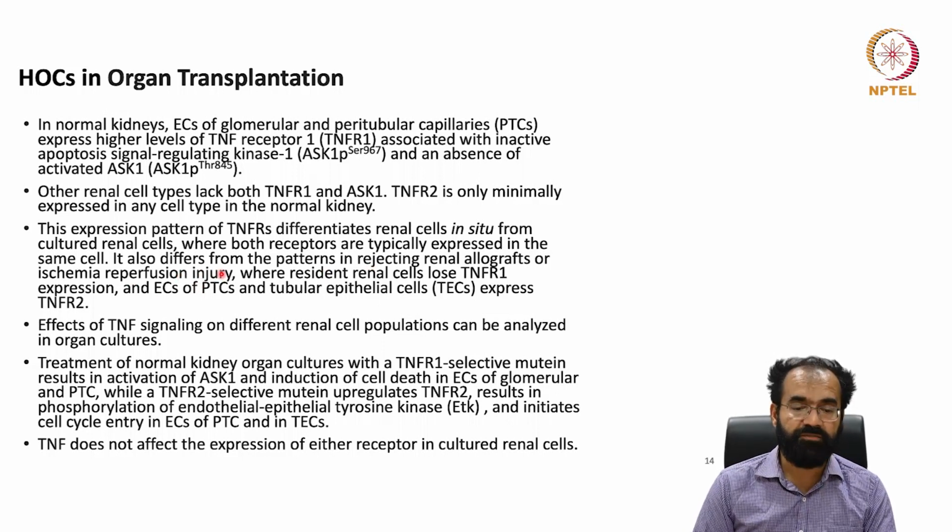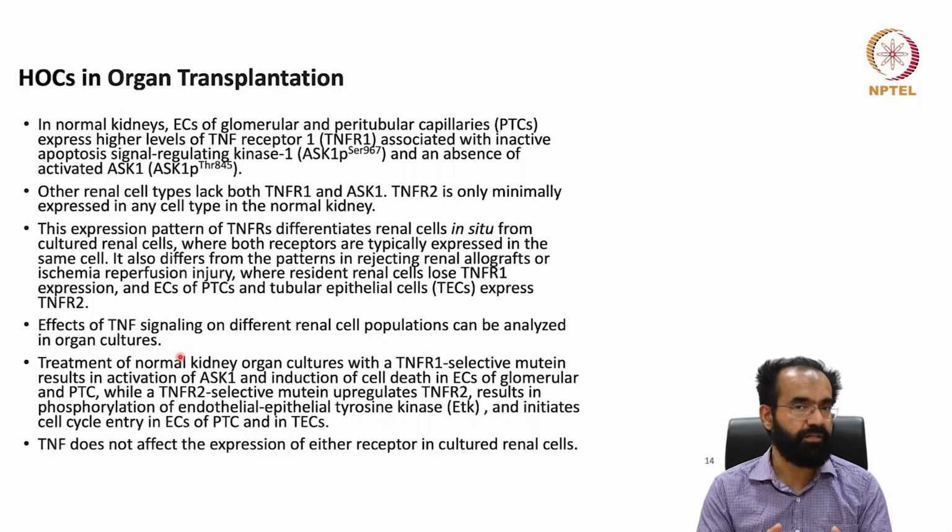It also differs from the patterns of rejecting renal allografts or ischemia reperfusion injury, where the resident renal cells lose TNFR1 expression and the ECs of the PTCs and tubular epithelial cells express TNFR2. Effects of TNF signaling, that is tumor necrosis factor signaling, on different renal populations can be analyzed in organ culture, because if these receptors are expressed, it is very easy to analyze.